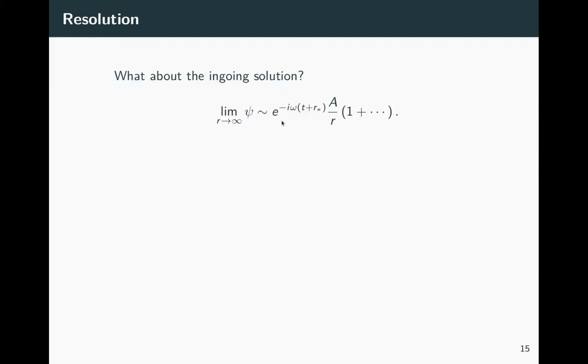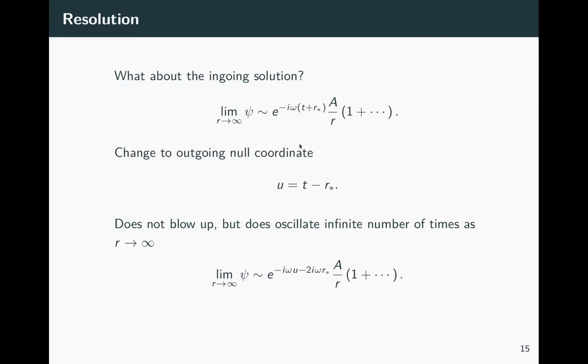What about the ingoing solution? It's a similar story. You have this ingoing wave at infinity. As r goes to infinity, the ingoing wave solution is not physical. What does it look like in this picture? Well, we do these coordinate transformations, and we see that the ingoing wave, which is not physical, is finite, but it's actually oscillating an infinite number of times.